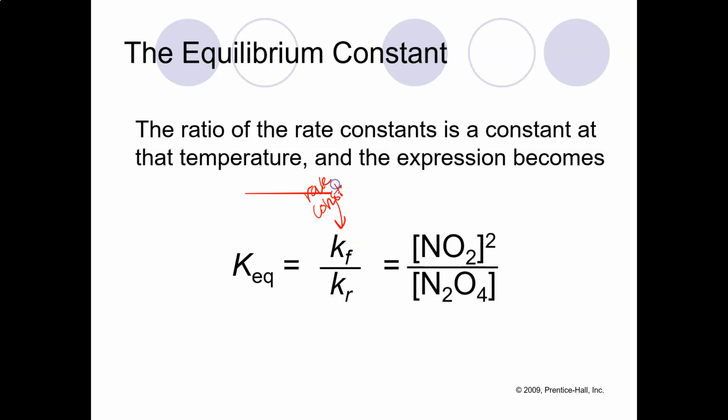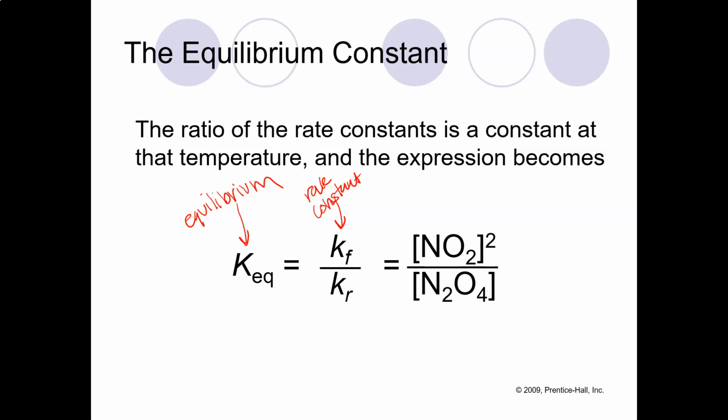That ratio, we are now going to call capital letter K, the equilibrium constant. Yeah, they picked the same letter. The difference is the rate constants are lowercase letter k, and the equilibrium constant is capital letter K. Couldn't they have at least chosen a letter where the lowercase and the capital letters look significantly different from each other, like Q or something? But nope, capital K and lowercase letter k.